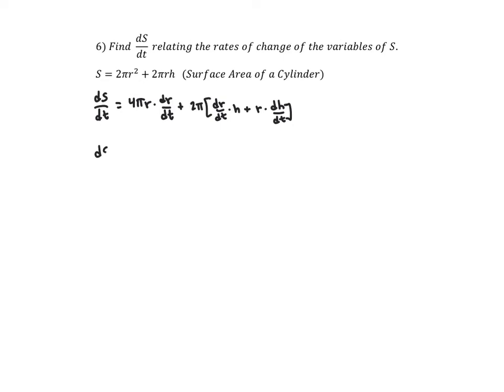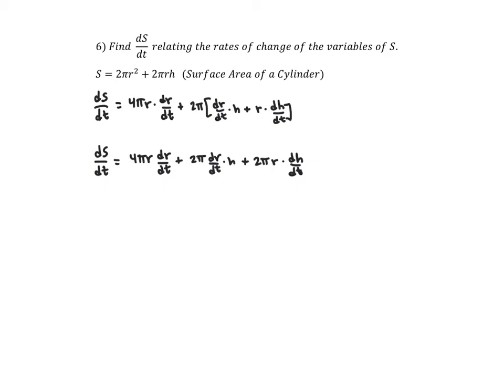So I'm going to clean it up just a tad: 4 pi r dr/dt plus 2 pi dr/dt times h plus 2 pi r times dh/dt. Not a whole lot I can do there, but that would be it. Pretty simple, using just a little bit of chain rule work and the product rule.